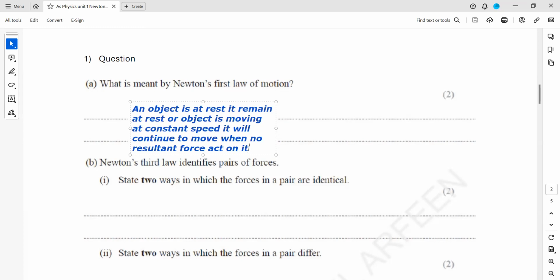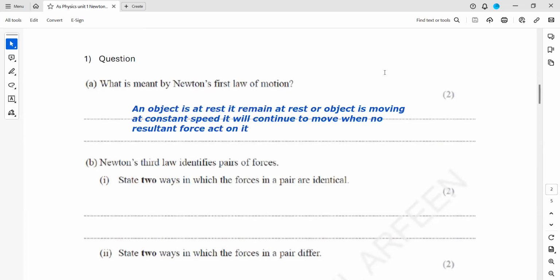If an object is at rest, it remains at rest. If it's a moving object, it will continue to move until there's a resultant force acting on it.